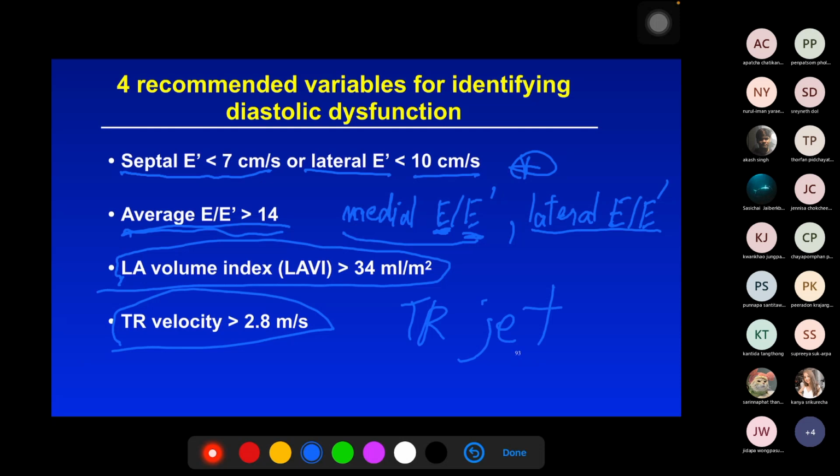The abnormal numbers are: septal e prime less than 7, lateral e prime less than 10 centimeters per second, average E to e prime ratio over 14, and LA volume index over 34.